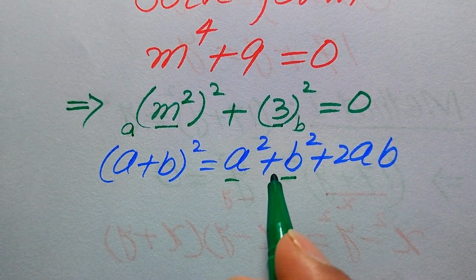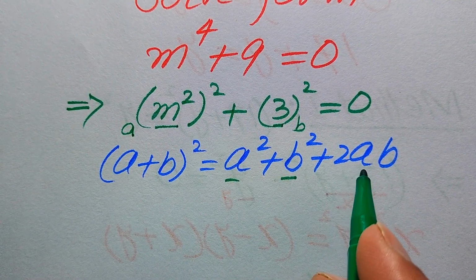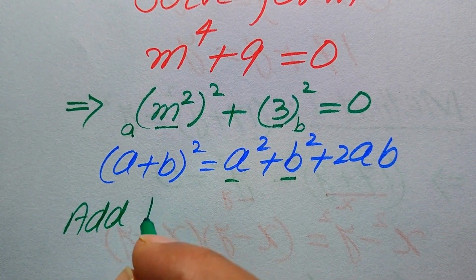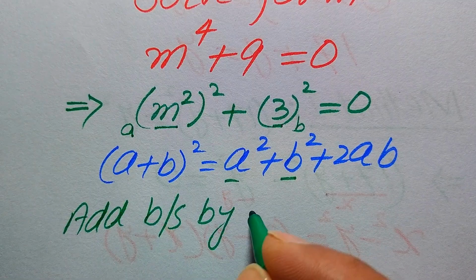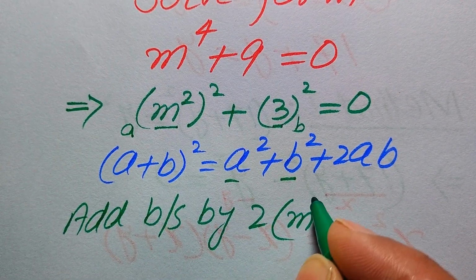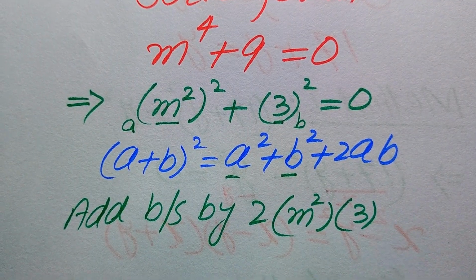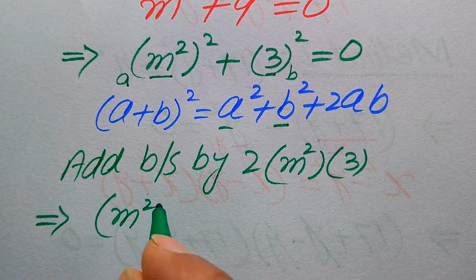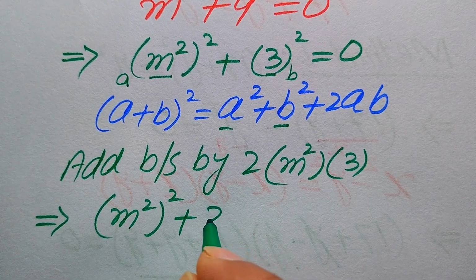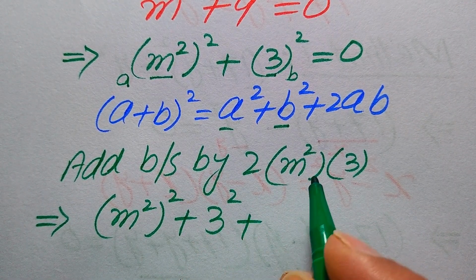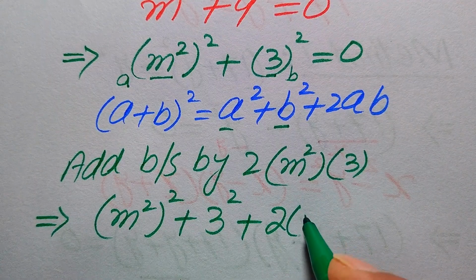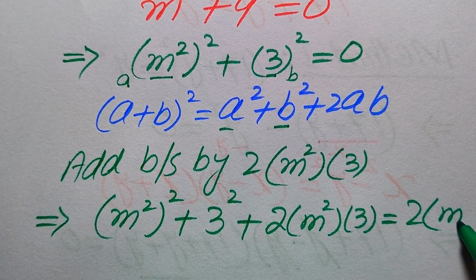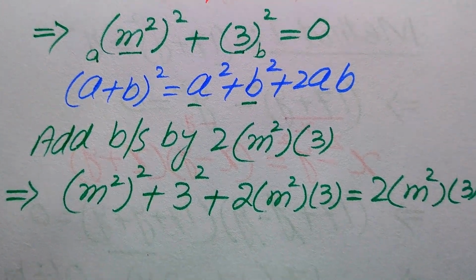So in order to complete the square, we add 2 times of ab on both of the sides. Here our a is m square and b is 3. So we add this term on both of the sides and it will be written as (m square) whole square plus 3 square plus 2 times of m square into 3 is equal to 2 times of m square into 3.